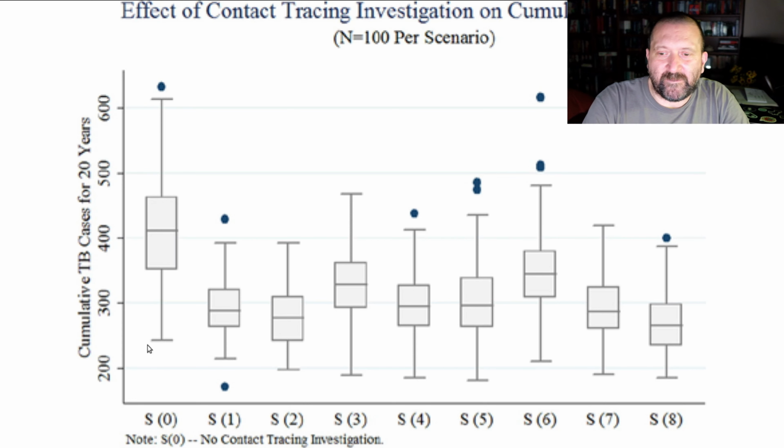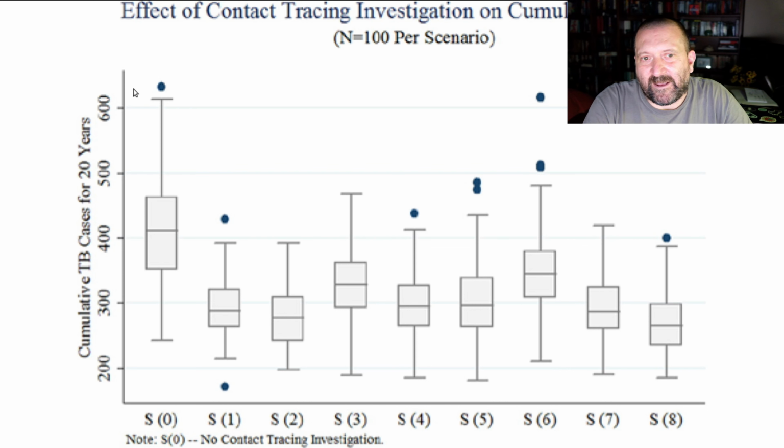When you run all these different scenarios, you can see how many cases of TB you would get. You see n equals 100, so there are 100 different simulations run for each scenario. For each of these, you record the median and the interquartile range of the numbers of TB cases that these different scenarios give you over the coming years.